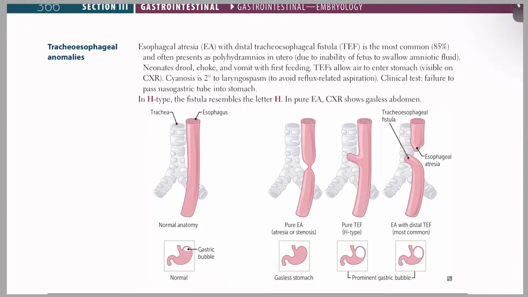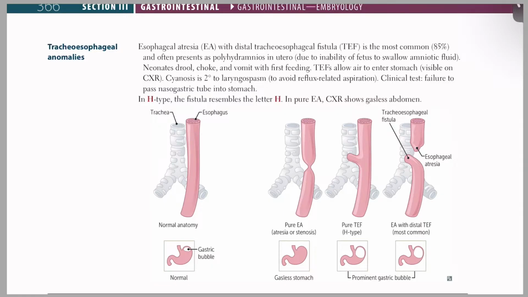Tracheoesophageal anomalies, esophageal atresia, EA. Esophageal atresia with distal tracheoesophageal fistula, TEF, is most common, 85%, and often presents as polyhydramnios in utero due to inability of fetus to swallow amniotic fluid.